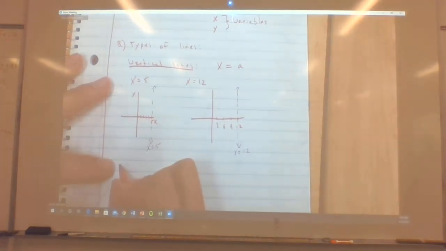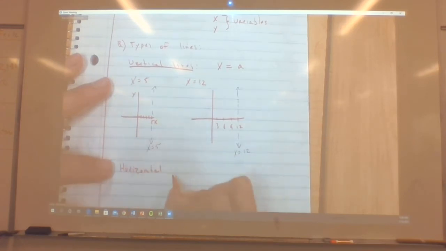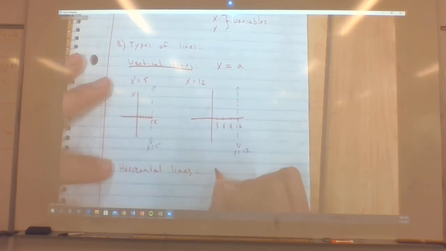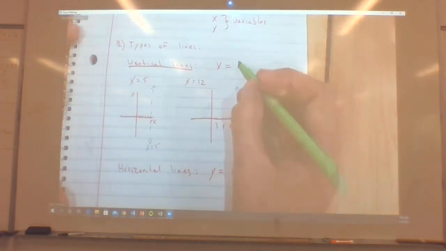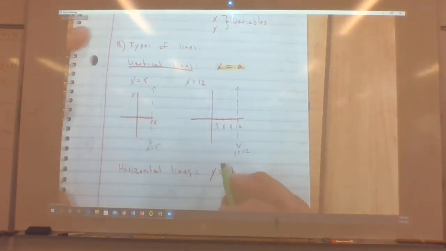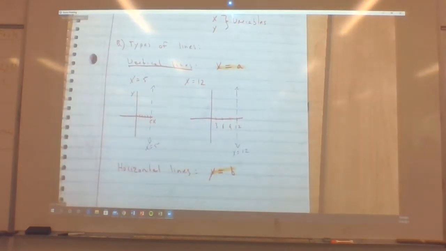I'm not exaggerating. Horizontal lines look like y equals a number. And just to be different, we're going to say y equals b, because for b we're going to get a different number, right? Also, this is important, I encourage you guys to maybe pull out your highlighters.